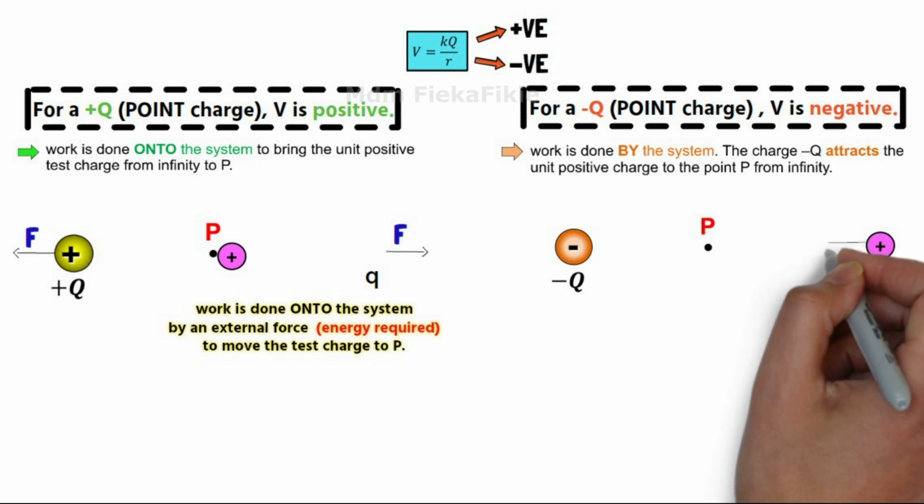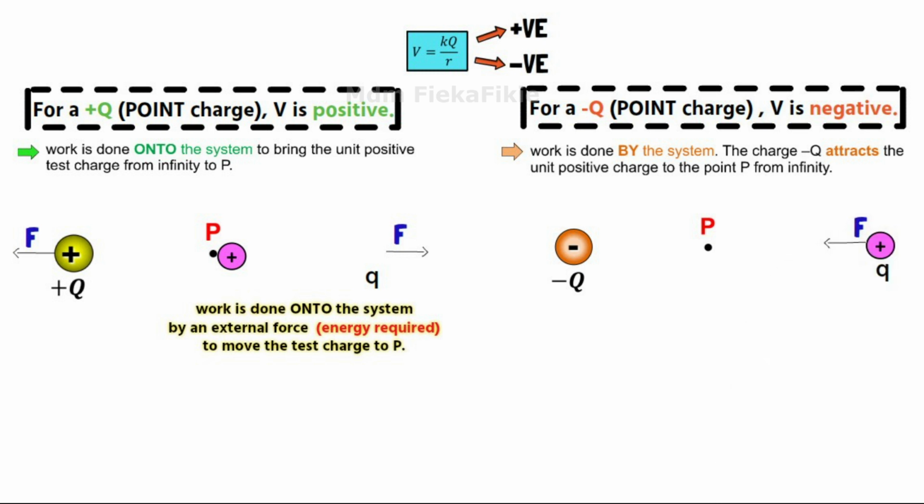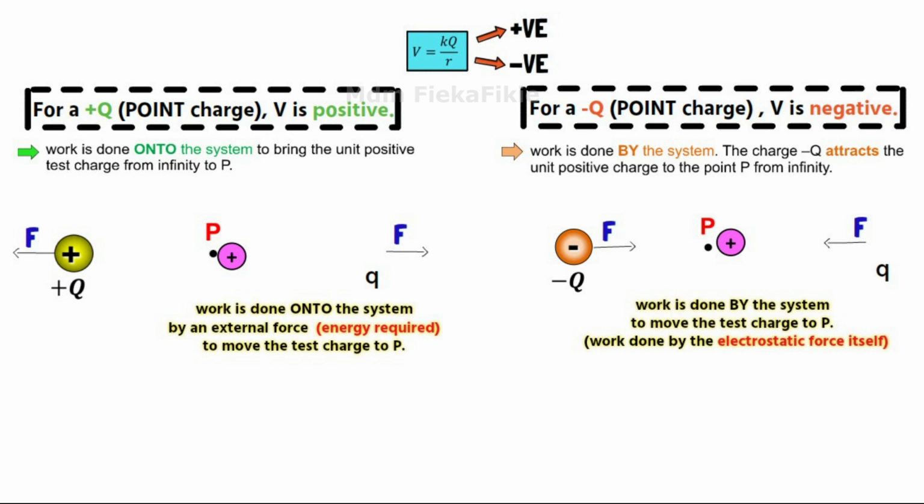Bila kita lukis electrostatic force between these two charges, the direction of F ke arah satu sama lain, iaitu attracted to each other. If we want to move the test charge small q tadi ke arah point P, dia lebih senang because we have electrostatic force. Means that work is done by the system to move the test charge to point P. Apa maksud by the system? Means that work done by the electrostatic force itself.